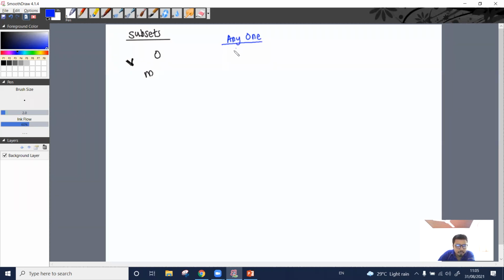You can pick either the vanilla flavored one, or the orange flavored one, or the mango flavored one. You can take vanilla, you can take orange, you can take mango. If I ask you to select any one of these, these are the three options you have.